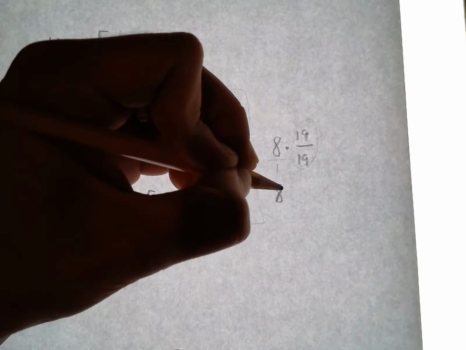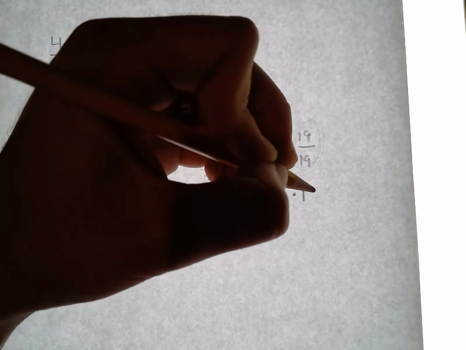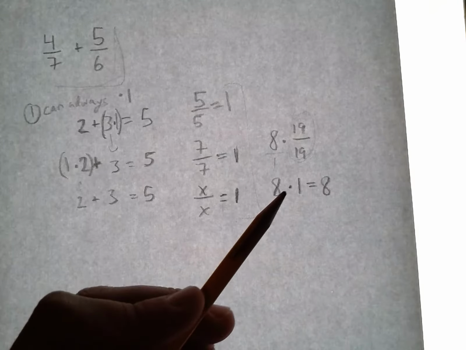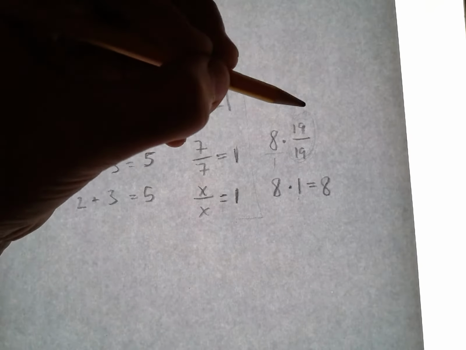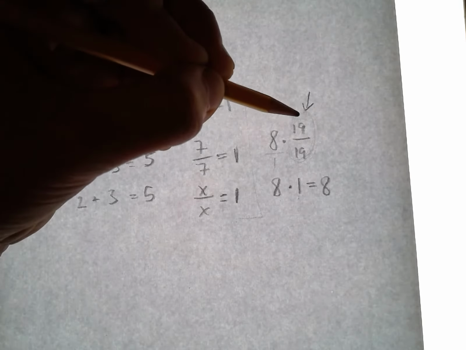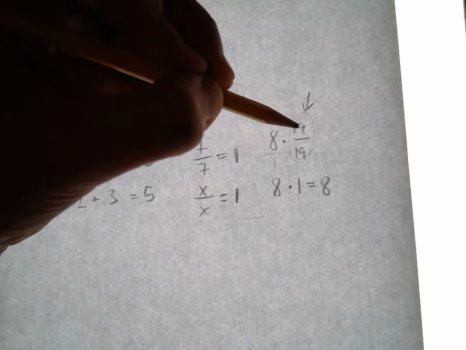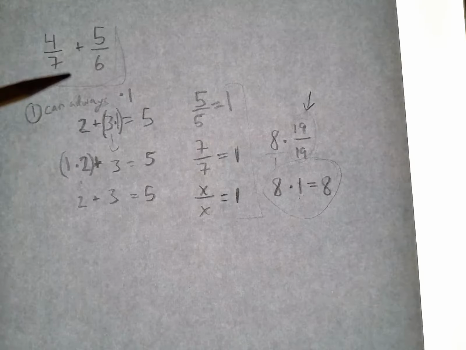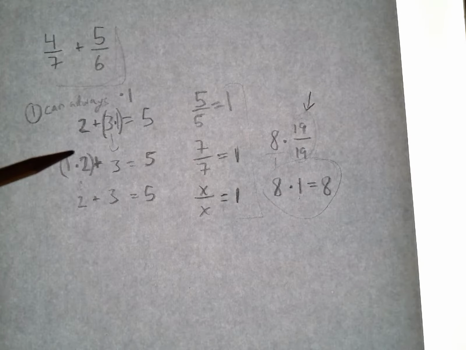So I can say this is 8 times 1. It's just 8. It didn't change anything. As long as I multiply by 1 or something that is 1, right? This doesn't look like the number 1, but really, I know that it is 1. It doesn't change anything.